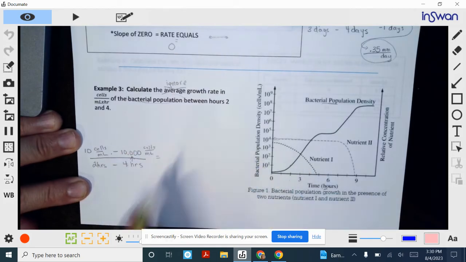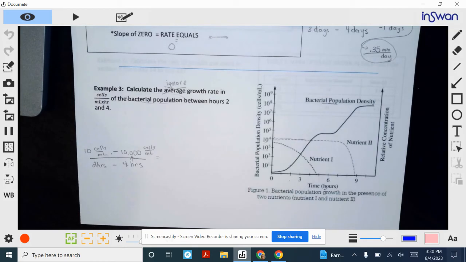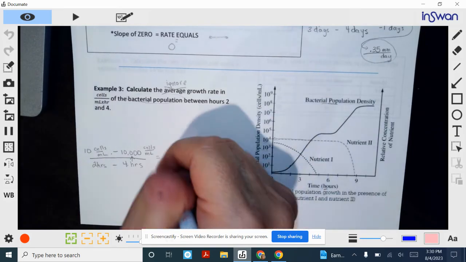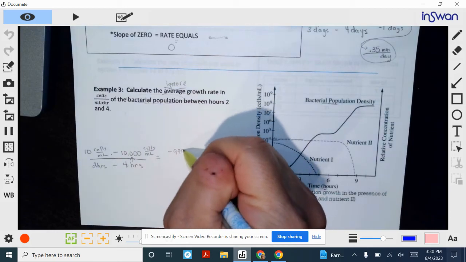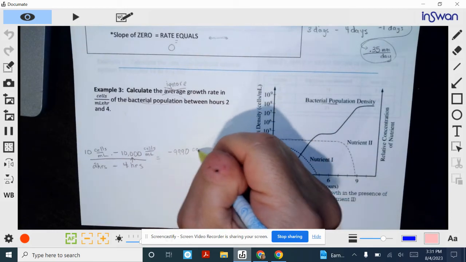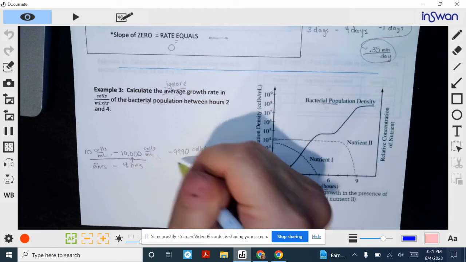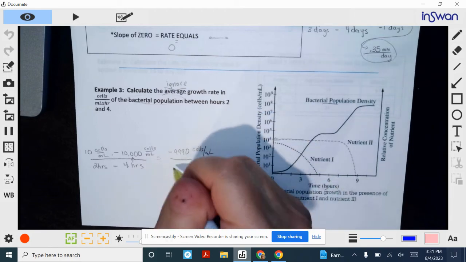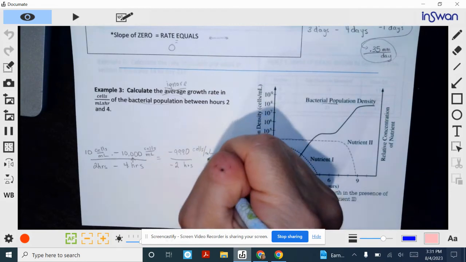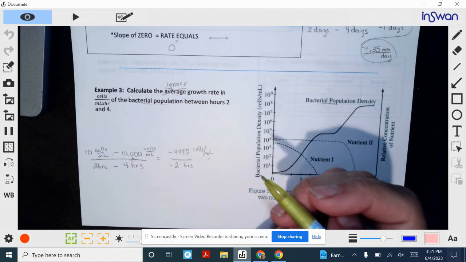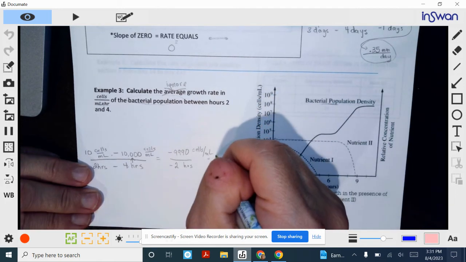Okay. All right, let's go ahead and solve that. So we would have negative 9990 cells per milliliter over negative 2 hours. We do that math again, 2 negatives. We're going to end up with a positive number.